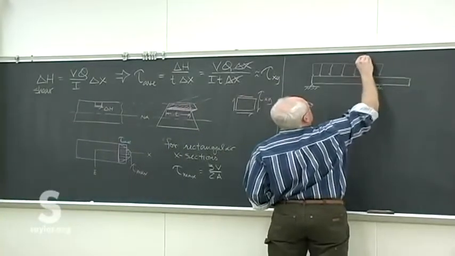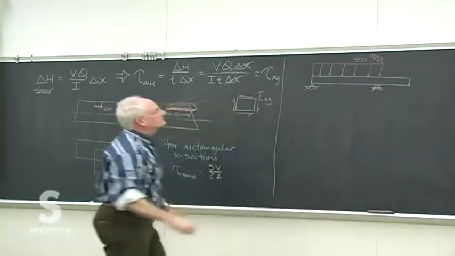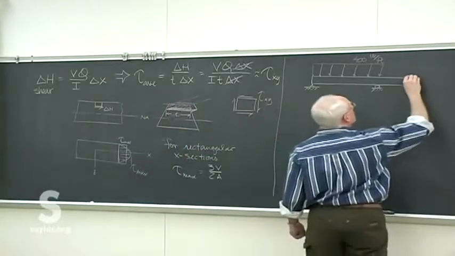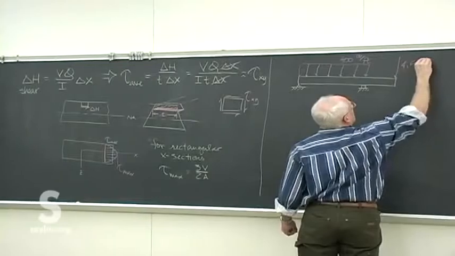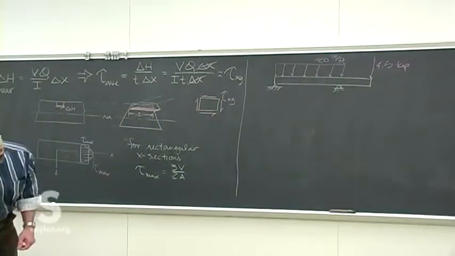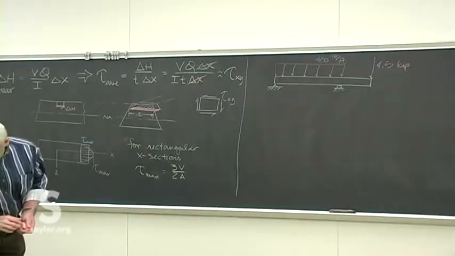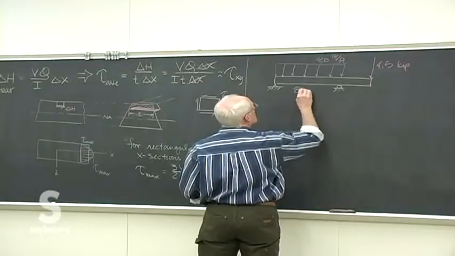So evidently we've got the entire youth group on the diving board. 400 pounds per foot. And one brave kid out on the end there happens to weigh 4.5 kips. Big kid, football player. 8 feet and 4 feet are the dimensions.